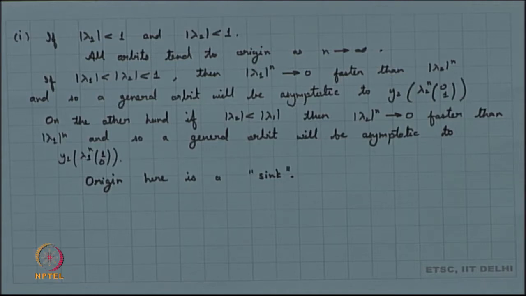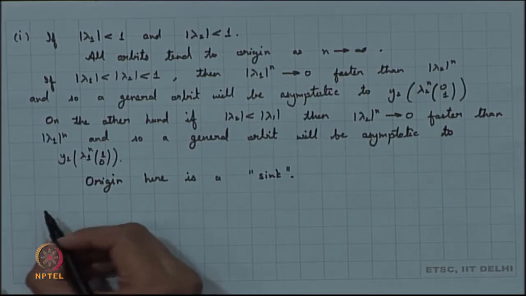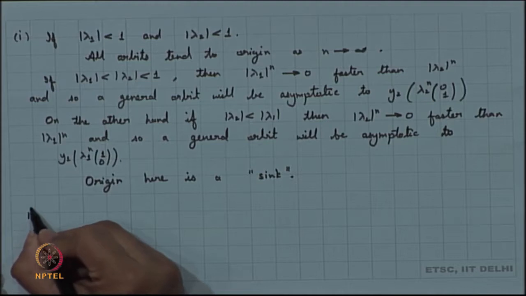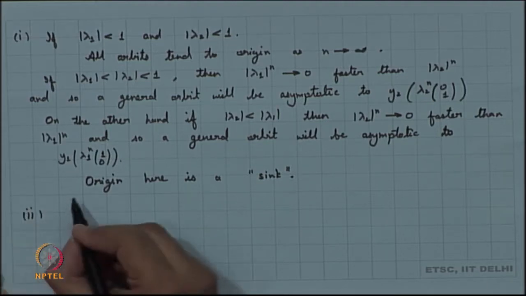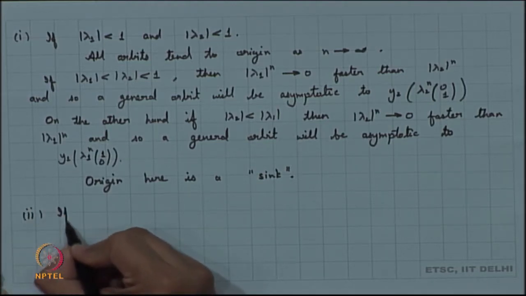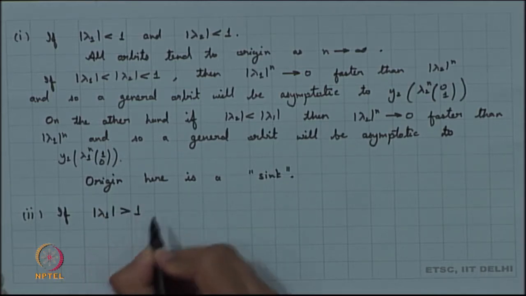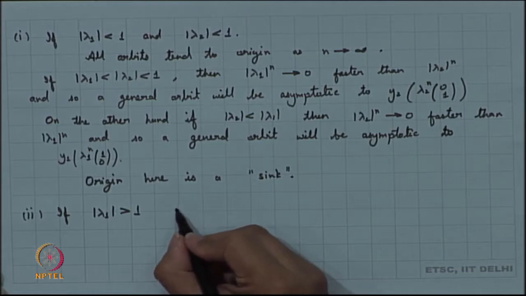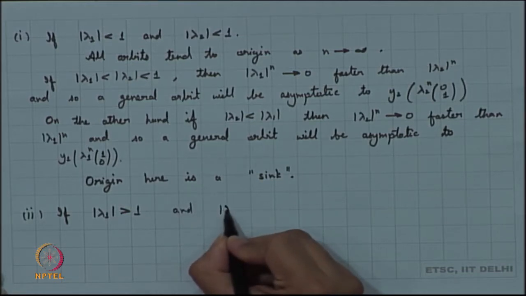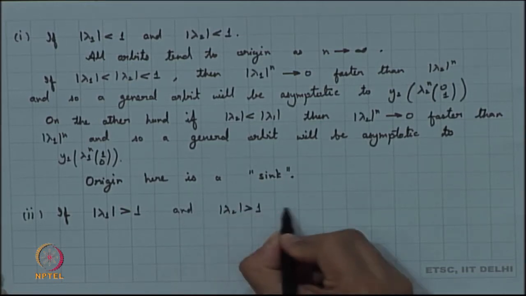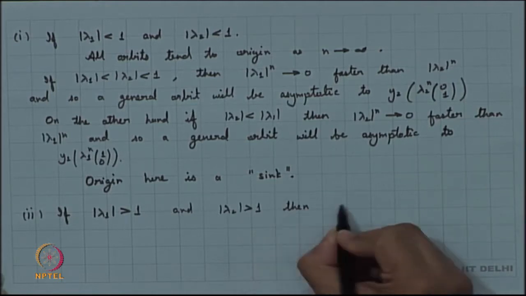Let us look into the second case. If mod of lambda 1 is greater than 1, and mod of lambda 2 is also greater than 1, then the origin is a source.